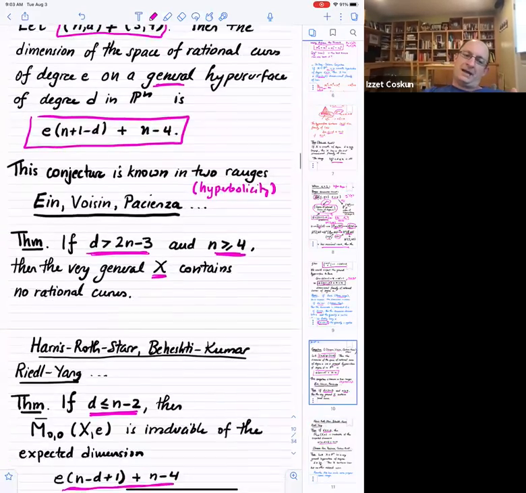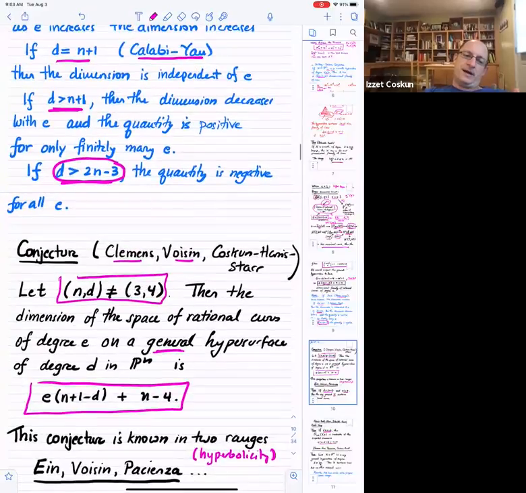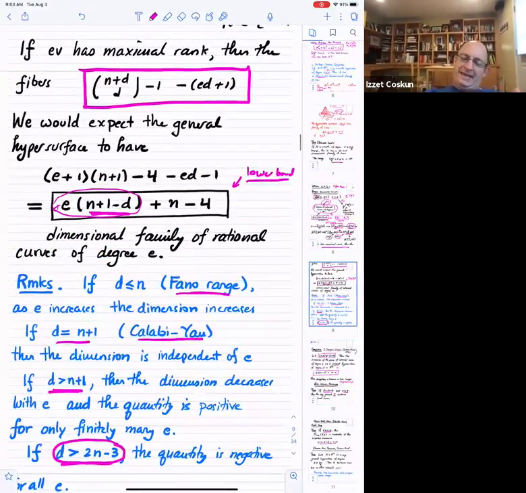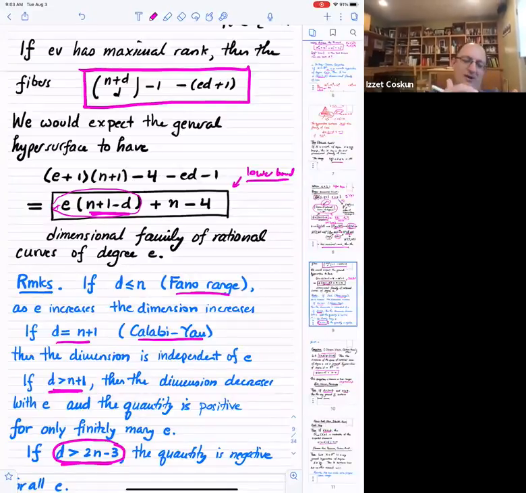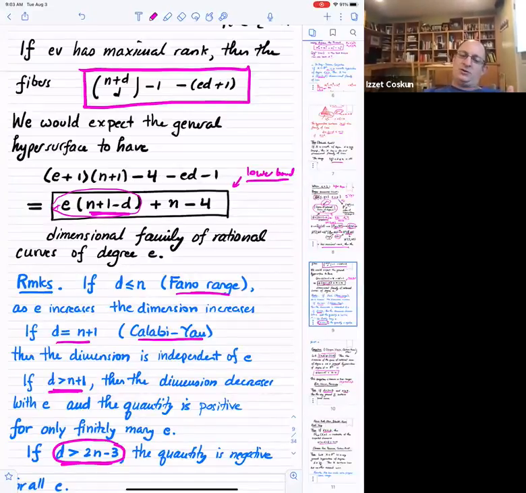So if you go back to this number, and you make E be 1 and ask when is this thing greater than or equal to 0, then you get something roughly like, when you make E equal 2 and you ask when is this thing still less than or equal to 0, then you get something roughly like 2/3 n.